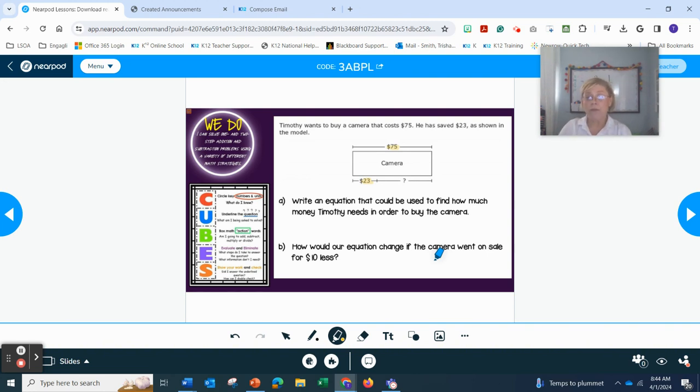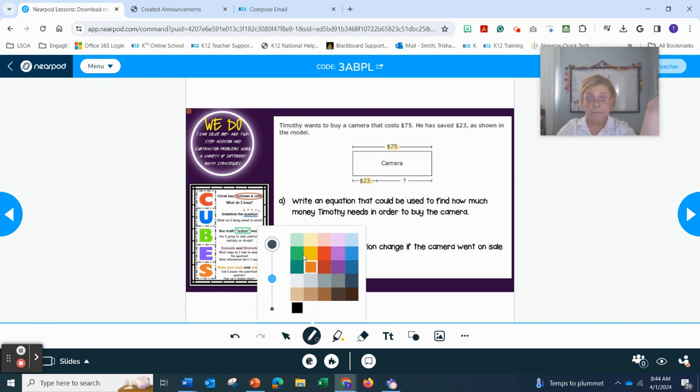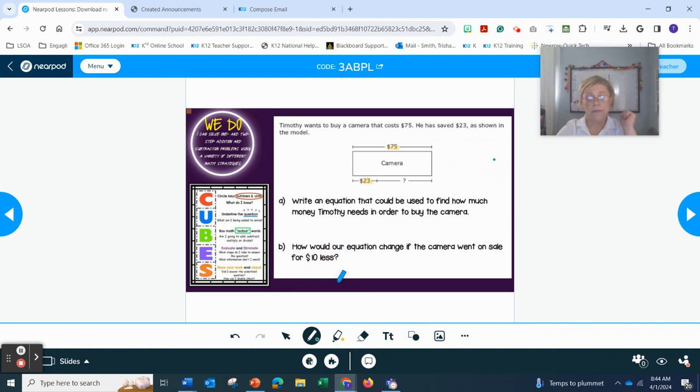How do we do that? How do we create that equation? We have the total amount, which is $75. That is our minuend, $75. Total amount. Then we think about how much we have saved, because we're Timothy, or we're Timothy's friend. We saved $23.